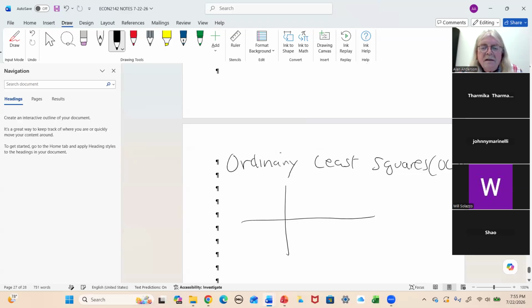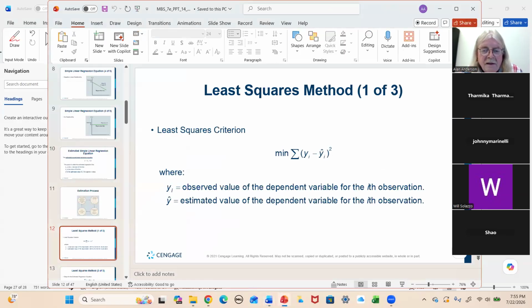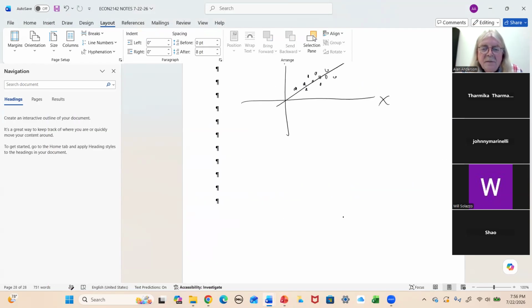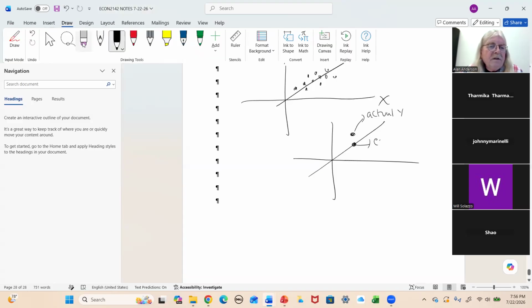So the line is obtained, that regression line, by placing it in such a way that the differences between the actual, that one should be called predicted.